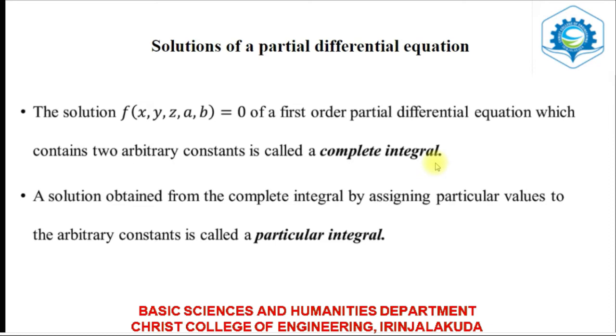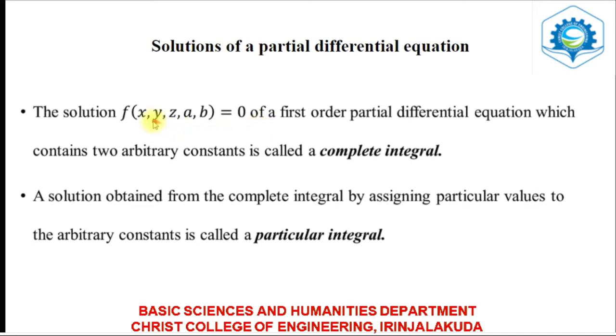If you find the solution of a first order partial differential equation involving two independent variables x and y, there must be two arbitrary constants. So the solution f(x, y, z, a, b) = 0, where a and b are arbitrary constants, is a solution of the first order partial differential equation and is called the complete integral.